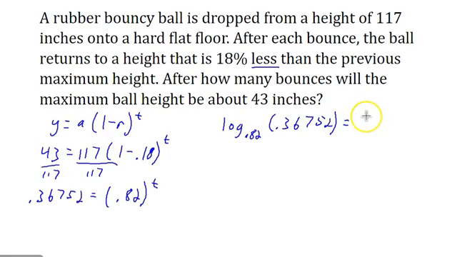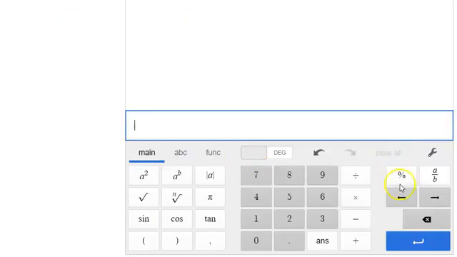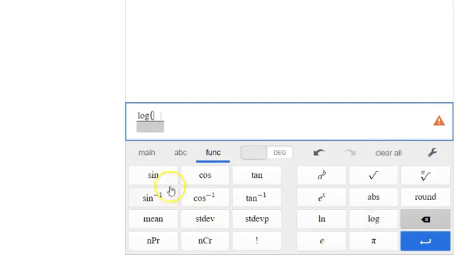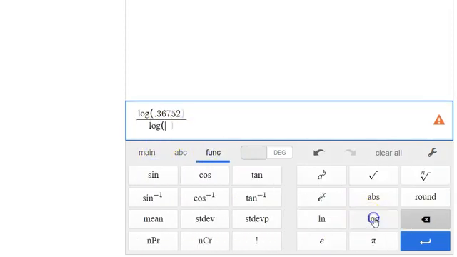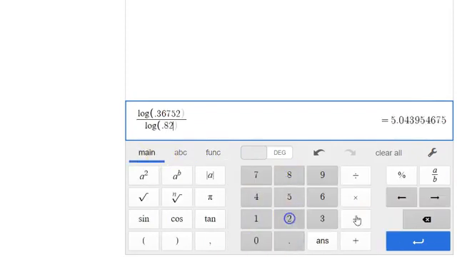And the log equals the exponent. All right, we'll go ahead and use our change of base formula to calculate t. And it takes about 5 bounces.